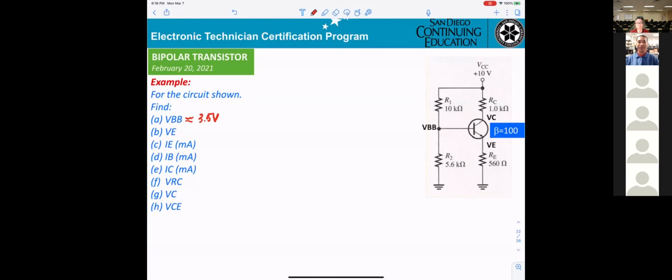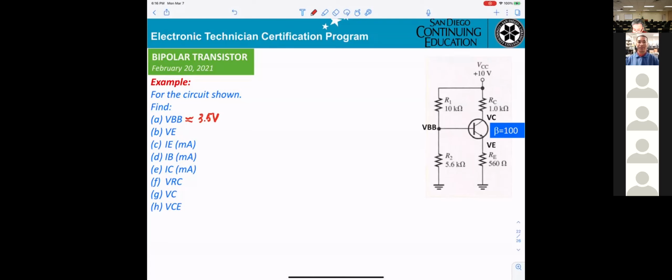So it was 10 volts times 10K divided by approximately 15.6K. I get 6.41. Say that again, Joe. I get 6.41. No, how did you calculate it?